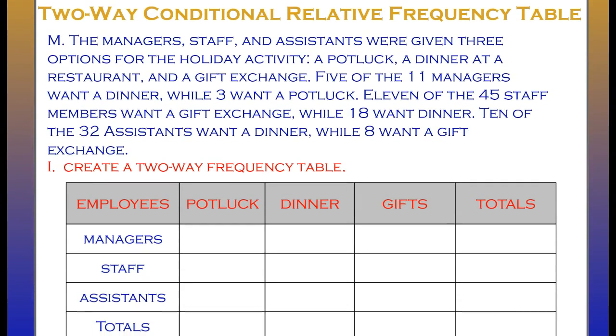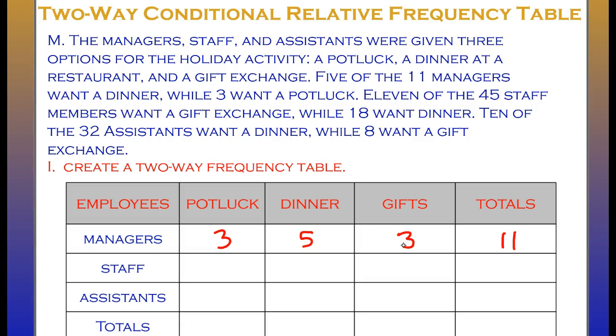So I know I have 11 total managers. 5 of them wanted a dinner, while 3 of them wanted a potluck. 3 plus 5 is 8, so that means that the other 3 wanted gifts.